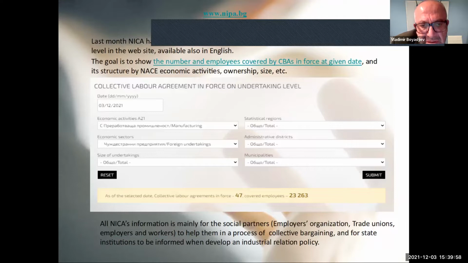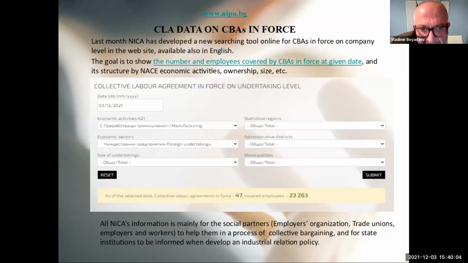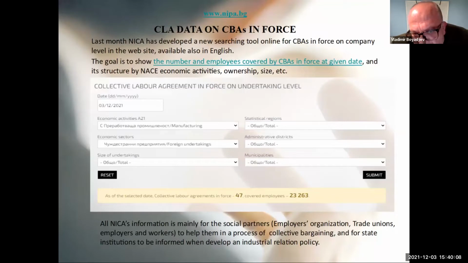Okay, this is to answer the question about collective bargaining agreements in force. And if you put the date, you can use these criteria, and the final result is this.